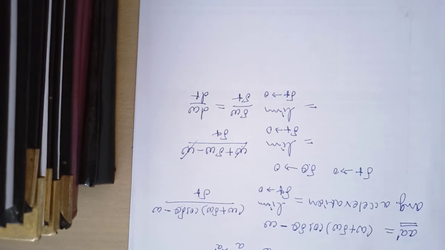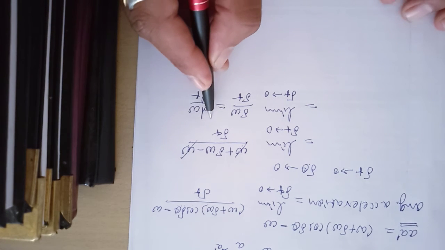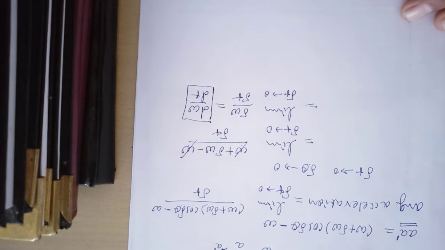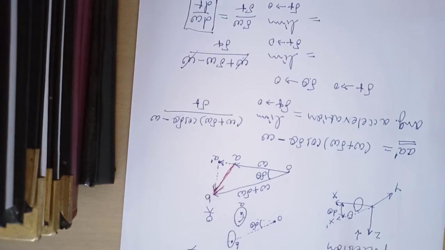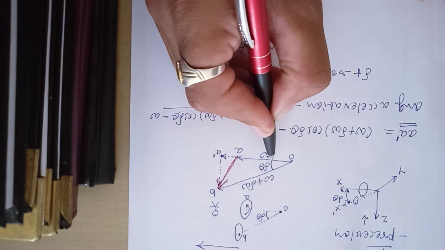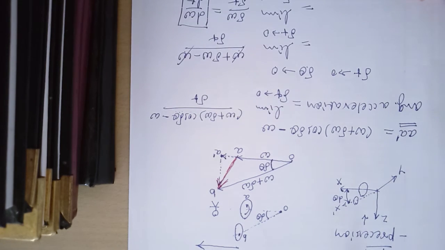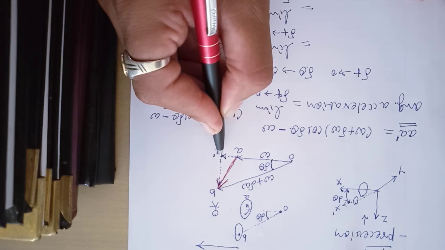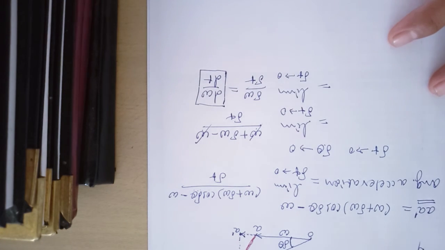So this is the angular acceleration, and obviously this d omega by dt is angular acceleration.